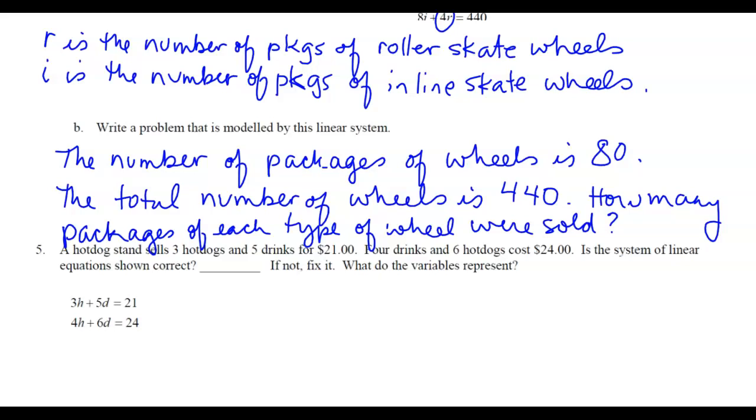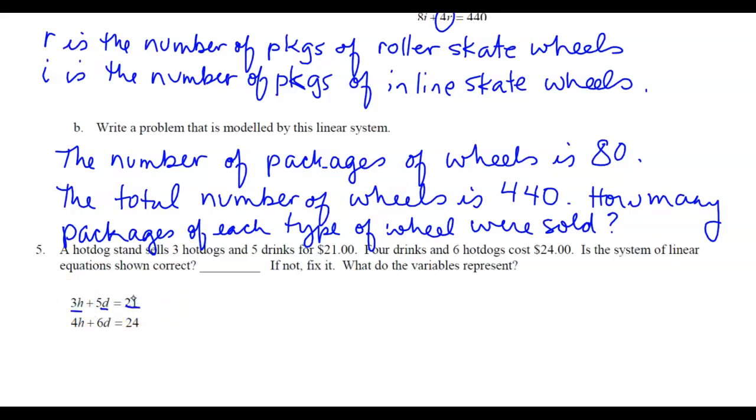So the next one says a hot dog stand sells 3 hot dogs and 5 drinks for $21. 4 drinks and 6 hot dogs costs $24. Is the system of linear equations shown correct? If not, fix it. And what do the variables represent? So take a look. I see 3H and 5D equals 21.